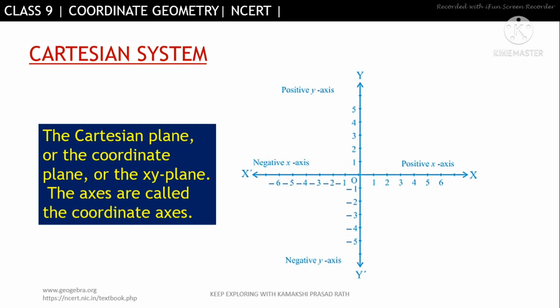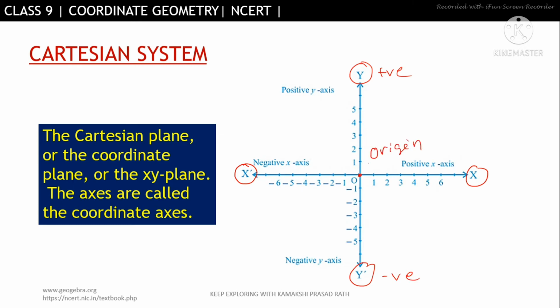And here we can see we have positive x axis, negative x axis, positive y and negative y. According to the number line we have positive x, negative x. So x dash represents the negative side of the x axis, and x represents the positive side of the x axis. Similarly, y is the positive side and y dash is the negative side, and O here is the origin.